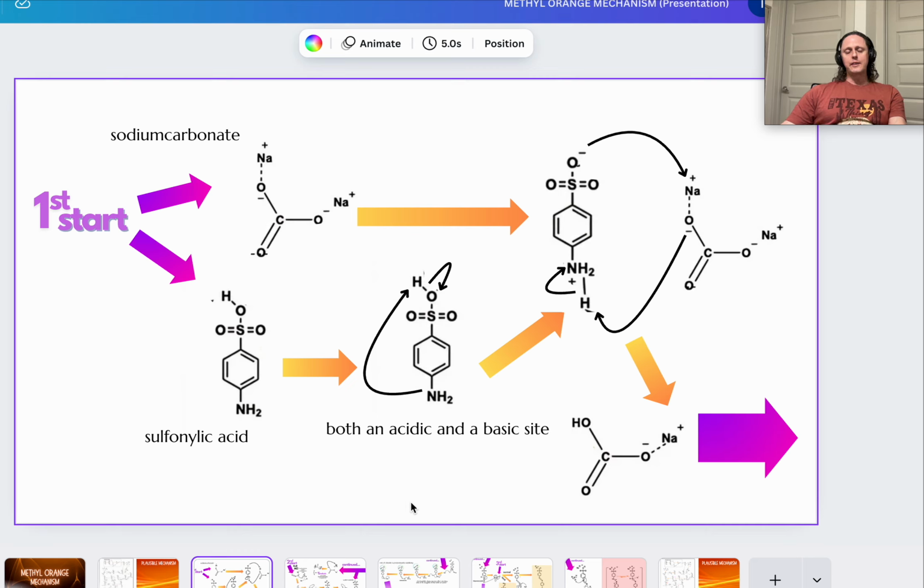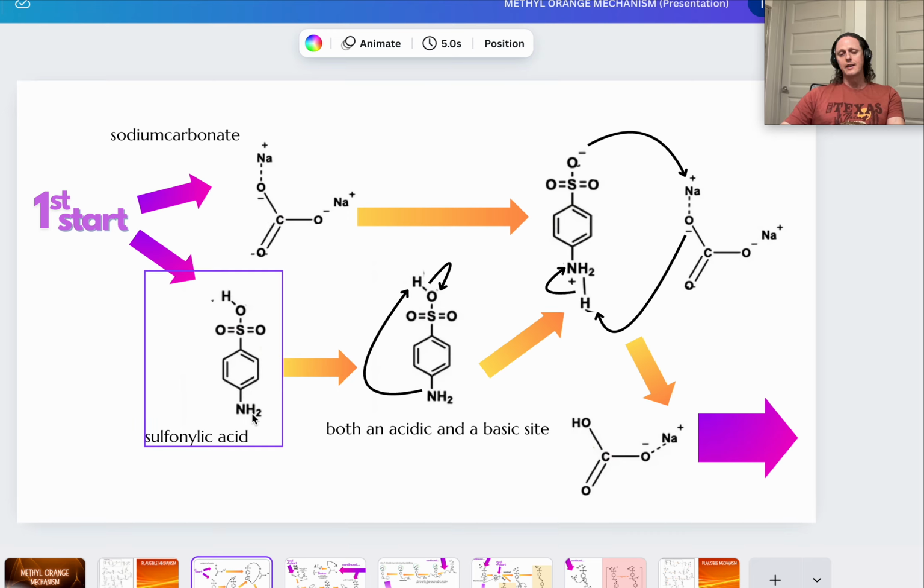When you add heat to these two molecules, you're going to see an interaction where they would just exchange some protons, some atoms, let me explain to you this way. Look at the sulfanilic acid here. This is a molecule that's got both a basic amine and an acidic sulfonyl at the top with that oxygen there, which is an alcohol.